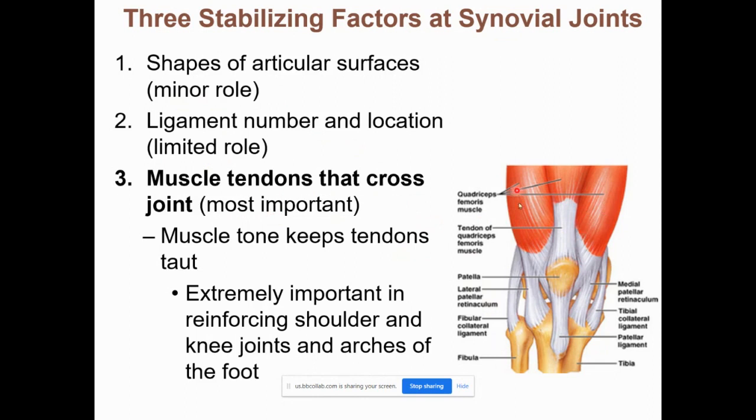They're always in a partial state of contraction. We call that tone, and we'll see that a little later, I think next chapter. But that pulling of the tendon from the muscle on the bone across the joint is what stabilizes the joint. That's the most important stabilizing factor of the three.